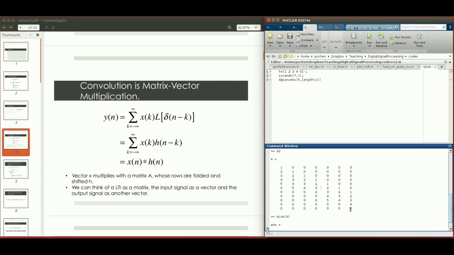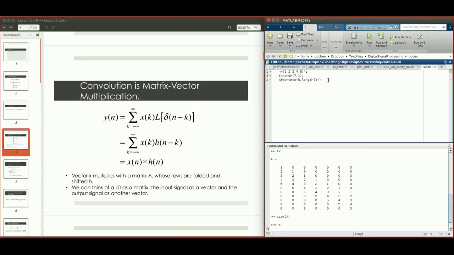Here it's shifted to the first element, to 1, and then you shift it by one position, and you increase the amount of shift. So basically the rows of A are just a shifted, flipped impulse response, right?